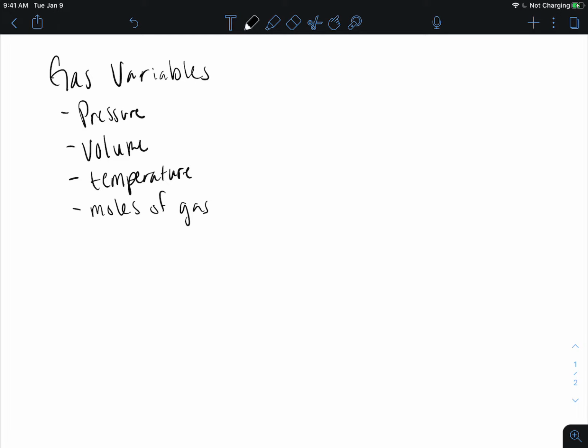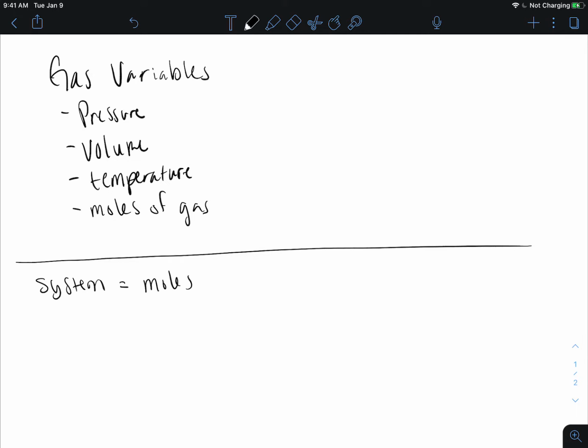So let's start by thinking about a system where we have the number of moles in our gas and our temperature staying constant. So our first system: moles of gas and temperature remain constant.